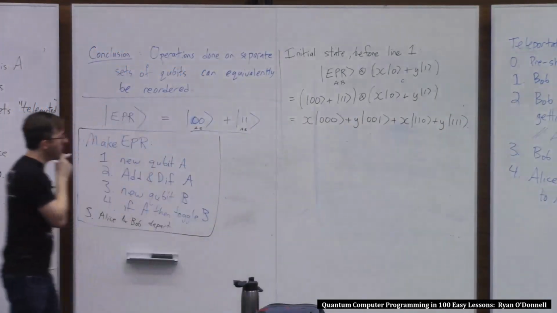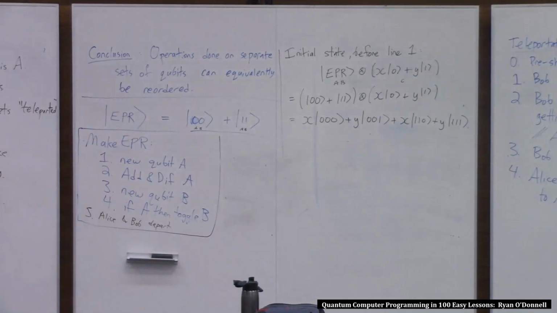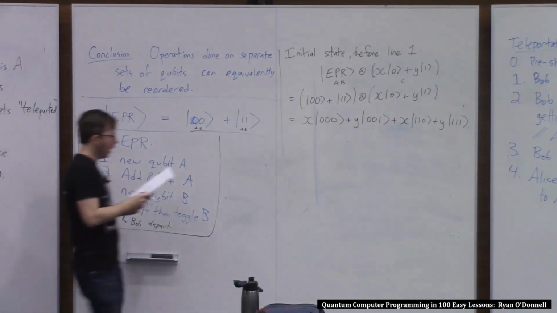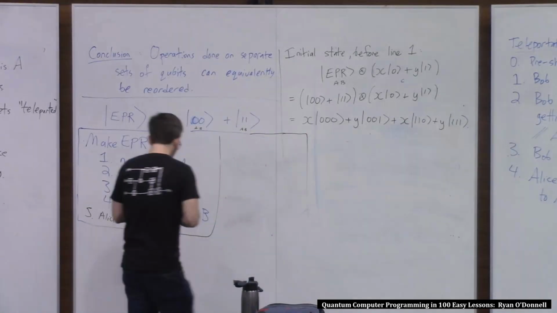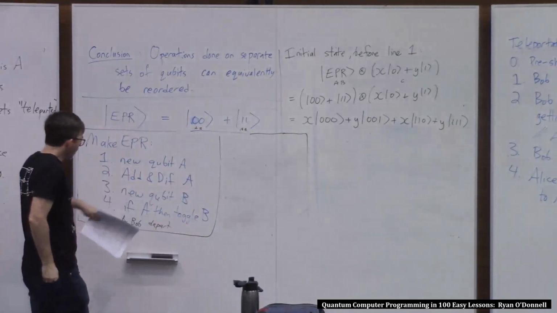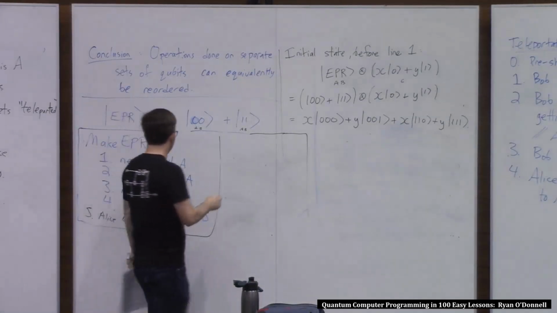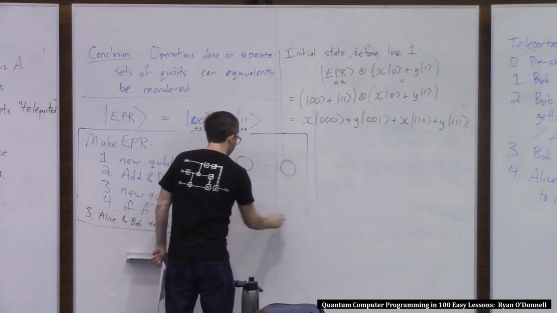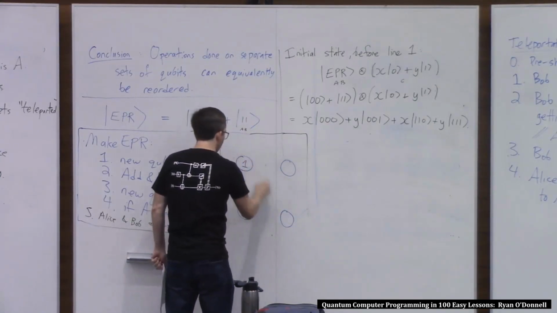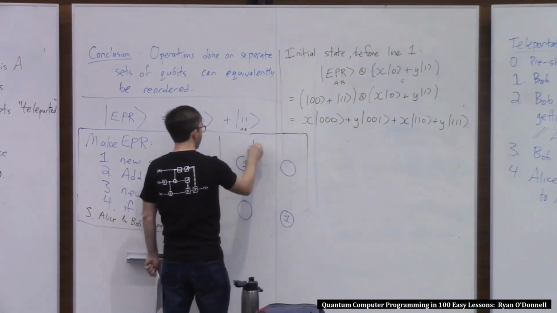Okay, this looks like a bit of a mess, but actually it's not a mess if you draw the picture, the 3-dimensional picture, which we like to draw. So let's do that. First, after making the EPR pair, the picture looks like this. This is EPR.